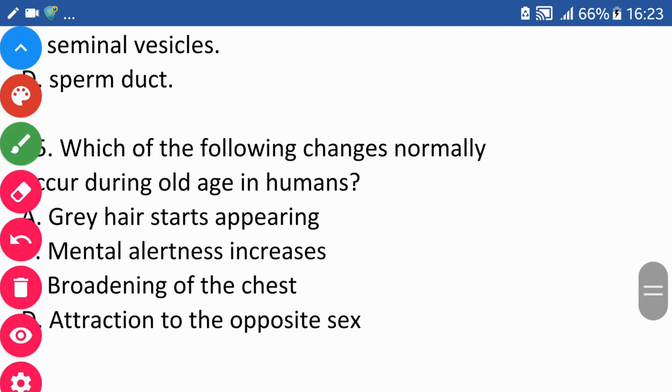So the following changes normally occur during old age in humans. Gray hair starts appearing. Melanin is what gives the hair its color. So during old age, melanin does not function properly.